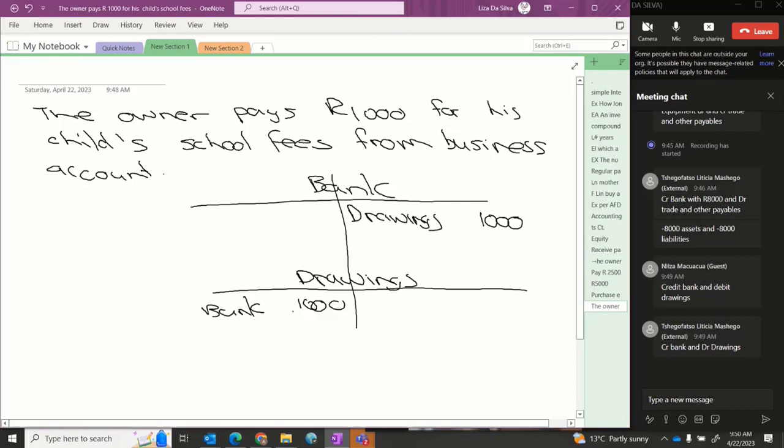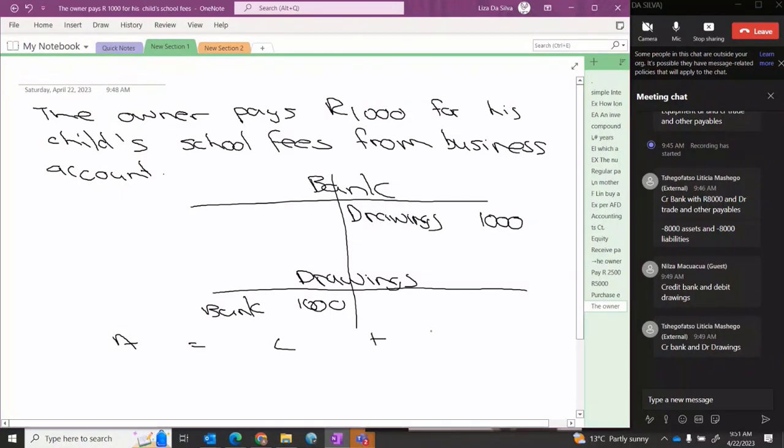If you take money, or you can even take stock from your business, it's still considered drawings. Let's first do the equation.